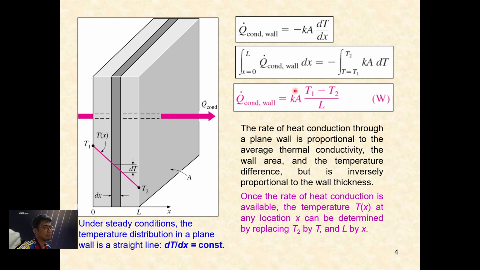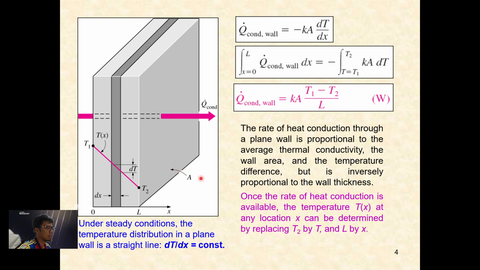Then we can expand the actual equation using integration. Then we finally have the Q conduction for the wall equal to kA times (T1 minus T2) over L. A is the surface area of your wall. For example, if you look at the figure here, the surface area of the wall is there.